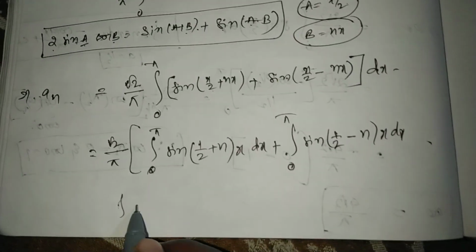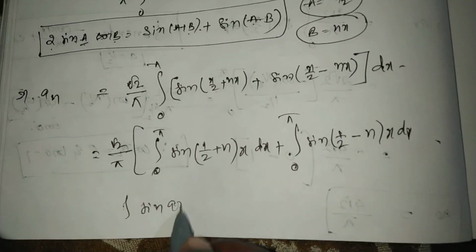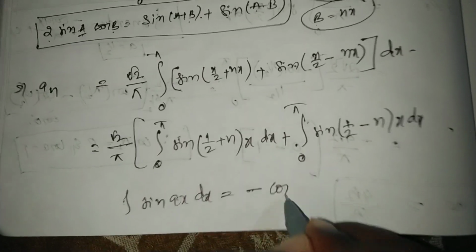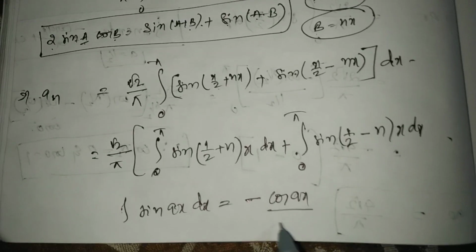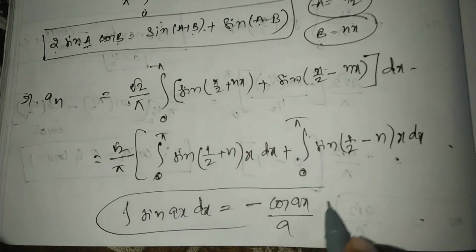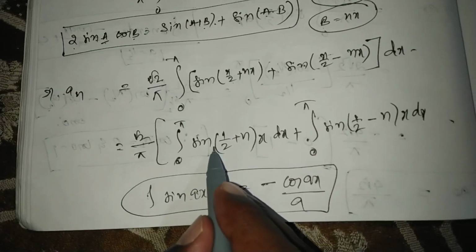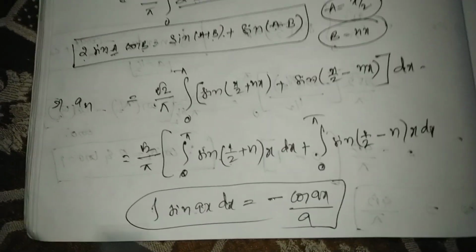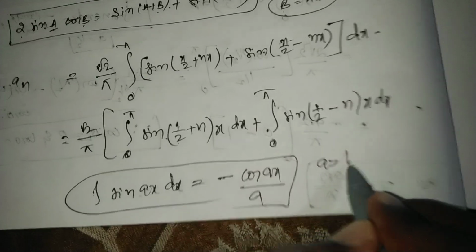We know that the integral of sin ax dx is equal to −cos ax / a. If we compare the first one, the x coefficient is 1/2 + n, so a is 1/2 + n in the first one.